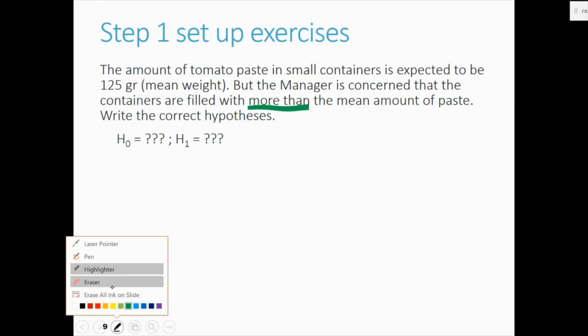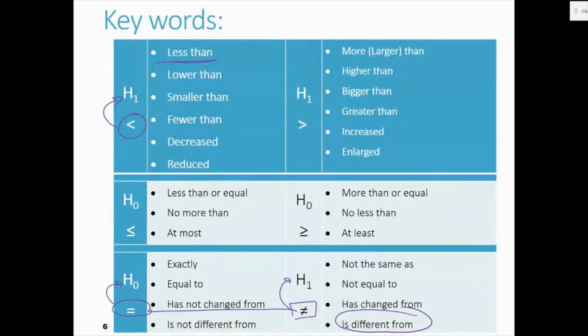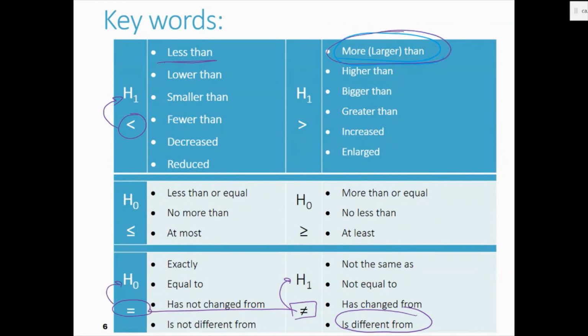So we are concerned that we are having more than what it should be. So more than, or larger than. Let me change my color here. Larger than, more than, which is part of your H1. And if you have more than for H1, then H0 will be less than or equal to.